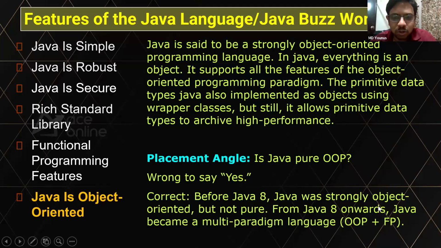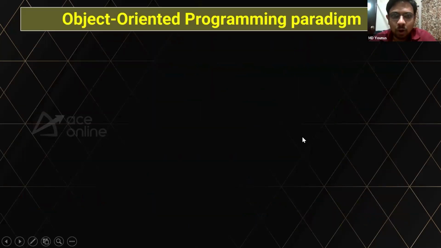We're going to see what got added in Java 8, Java 9, Java 11, and what features got added in every version, so that you get up to date for interviews. So with this, let's get started with the object-oriented programming paradigm.